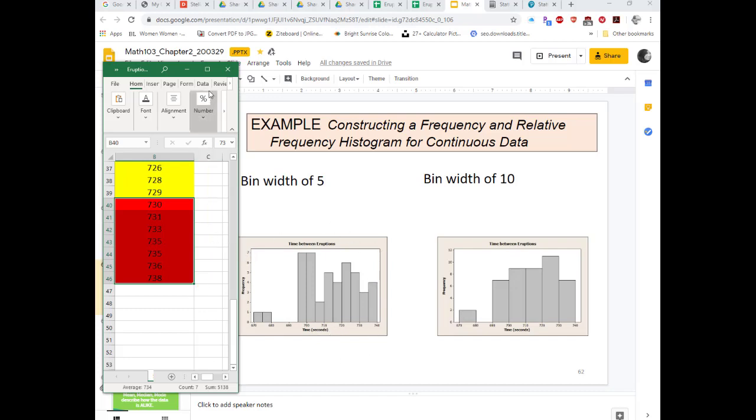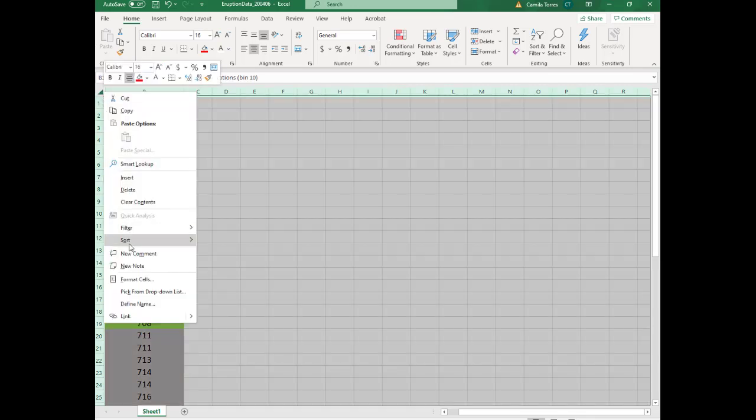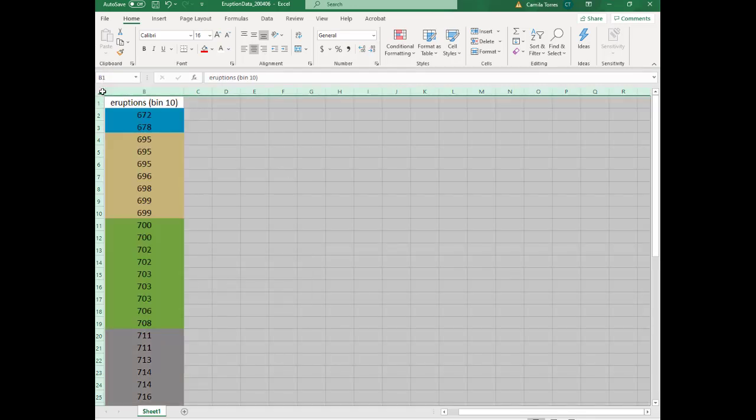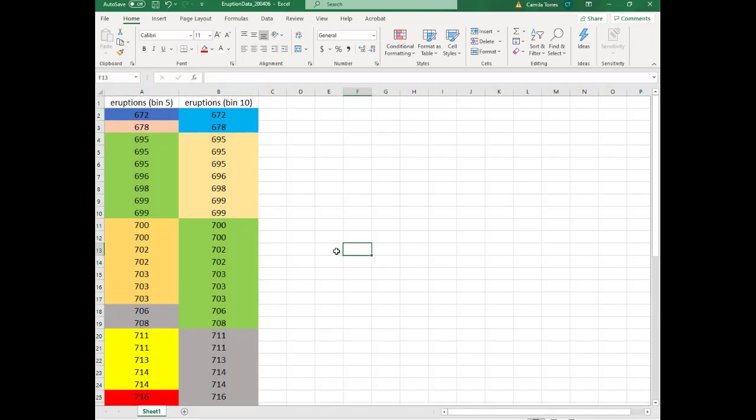And you can also take a look when I show you what this looks like in terms of comparing the 2 bins. Here was my first number with 5, right?